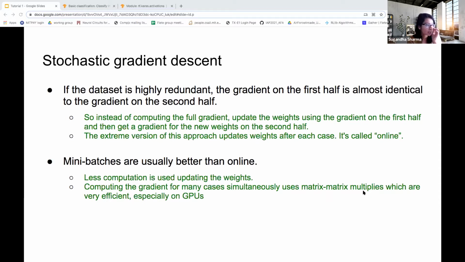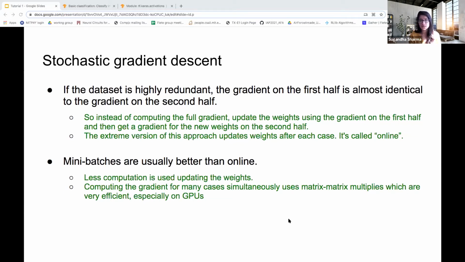What stochastic gradient descent proposes is that most of the time data sets have redundancy in them. Because of that, instead of computing the full gradient on the full data set, we can divide the data set into batches, and compute weight updates after the model has been trained on a certain batch.